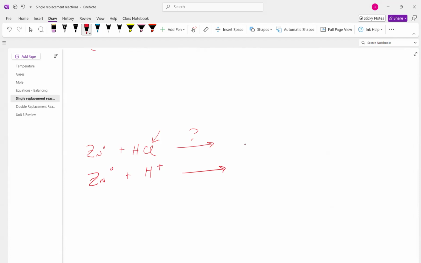Question is, which is higher on the reactivity chart? Well, let's balance it first. When we balance it, I'm going to swap out the metal for the salt. So in this case, it's going to be zinc 2, and the H plus goes to hydrogen gas. So is that balanced? No. We need two H's.